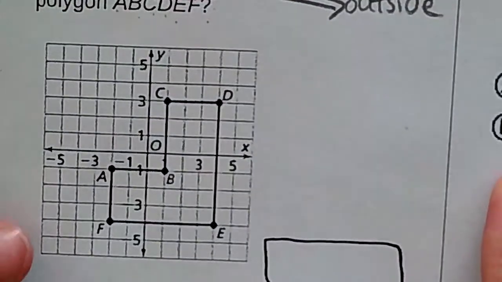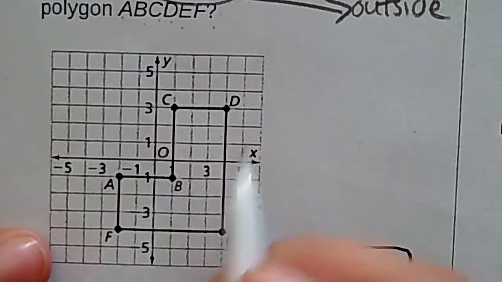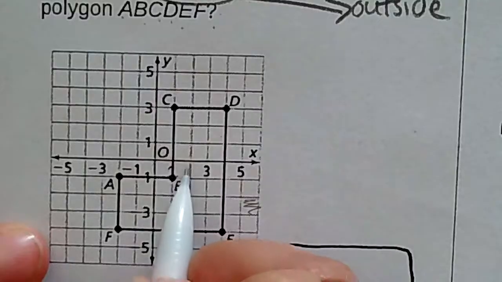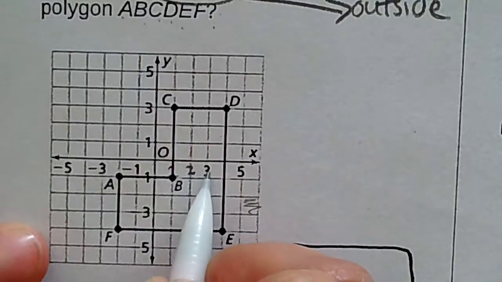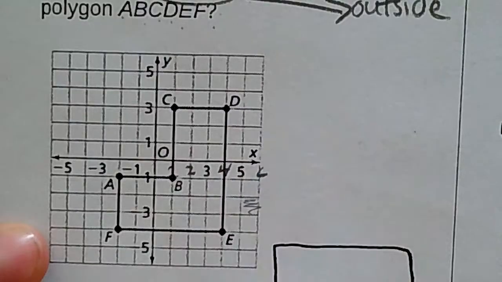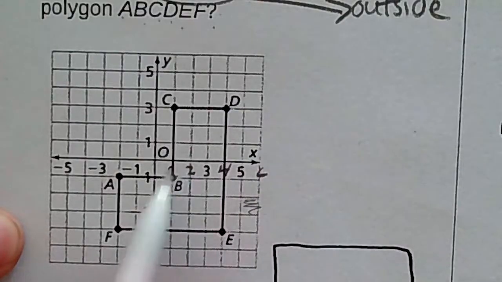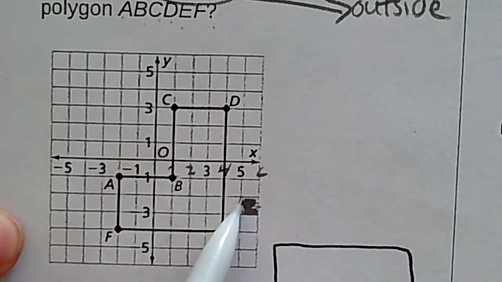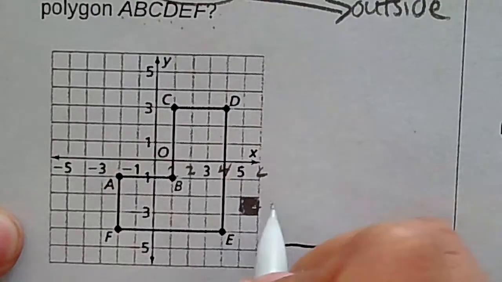So the first thing I want to do is look and see how much is one of these squares worth. And when I look at my number line, here's 0, here's 1, here's 2, here's 3, here's 4, 5, and 6. So I know that each block represents 1 unit.